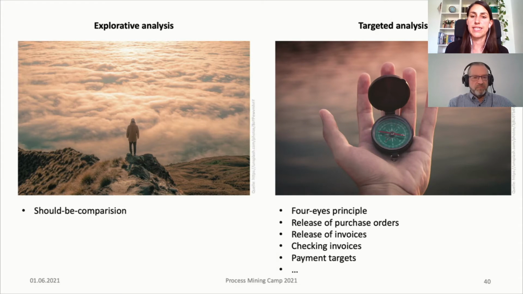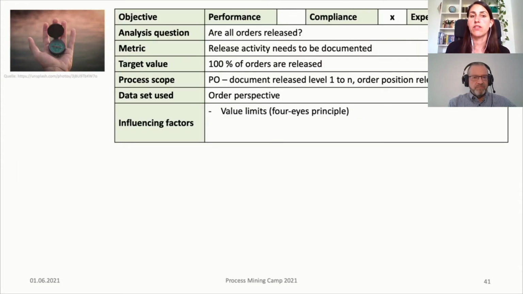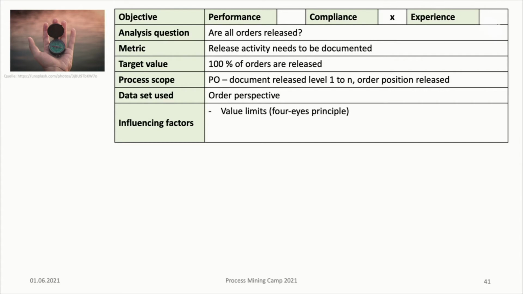And on the other hand, we did a targeted analysis where we used really concrete filters in order to answer our analysis questions regarding the four-eyes principle, purchase order releases, and so on. For this step, I want to come back to the example from the beginning, the analysis question of whether all orders are released, and show you now in more detail how we use the filters in order to find the answer to this question.